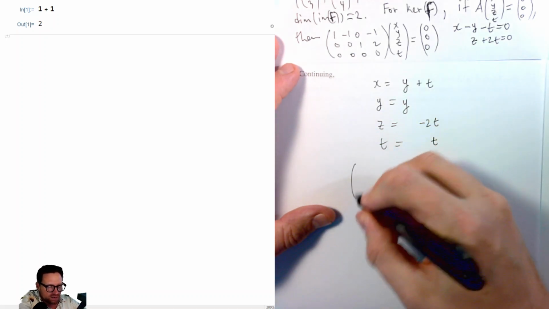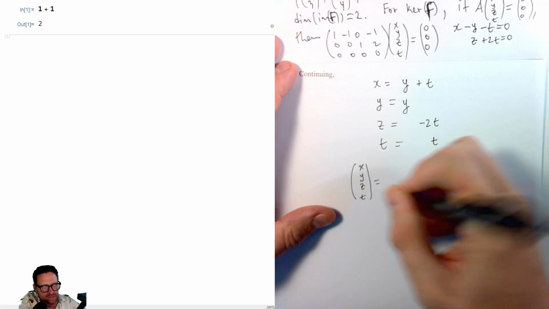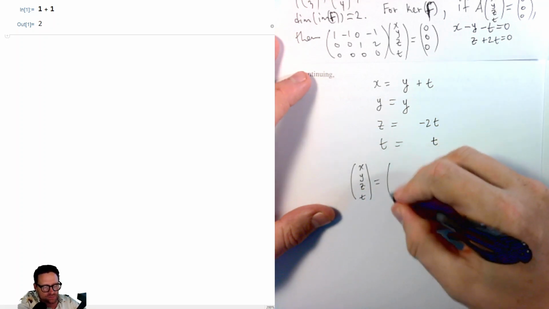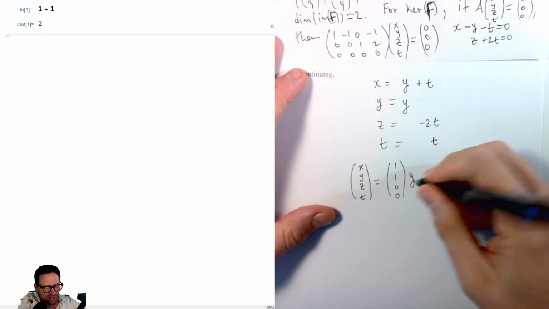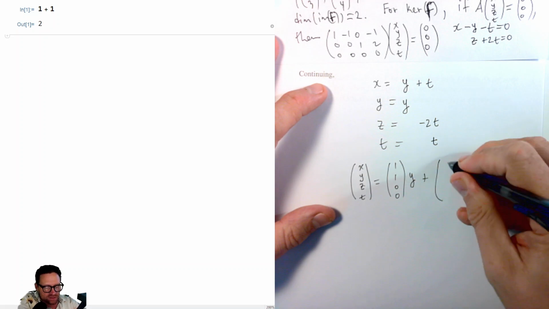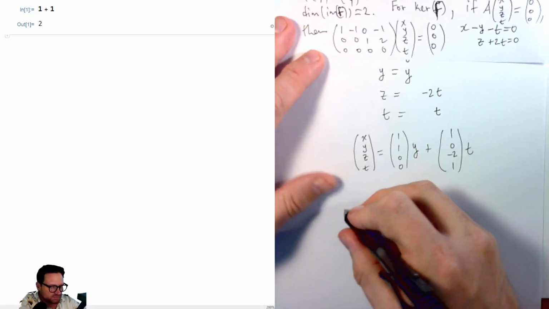Okay, so let's write x, y, z, and t is equal to 1, 1, 0, 0 times y plus 1, 0, minus 2, 1 times t.